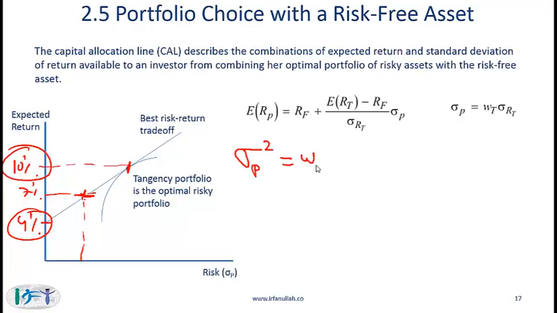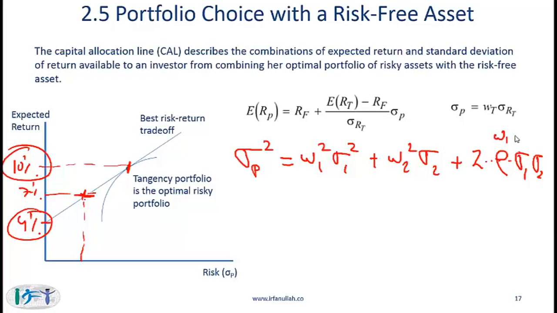It was W1 squared sigma 1 squared plus W2 squared sigma 2 squared plus 2 into various items, one of which was the correlation, and also here we had the risk of each item. So in fact, I'll put the whole formula down. So it was 2 into this into sigma 1, and you also have sigma 2, and you have W1 and W2.